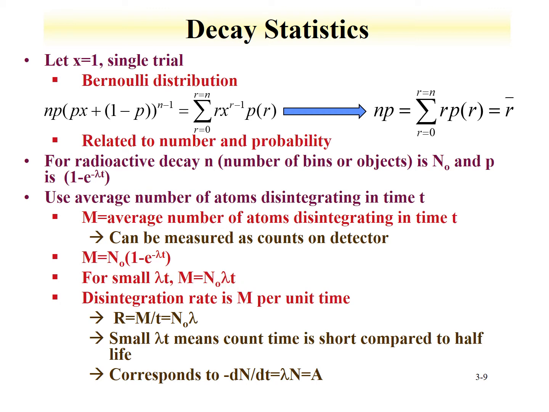And if the disintegration rate is in unit time, the rate is equal to m divided by time. So we take the time out of this side of the equation, and it's just the number of initial atoms times lambda. So a small lambda t means that the count time is short compared to the half-life, and this corresponds to the equation that we discussed earlier, where activity equals lambda N.